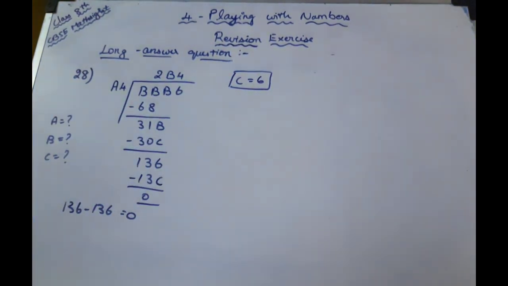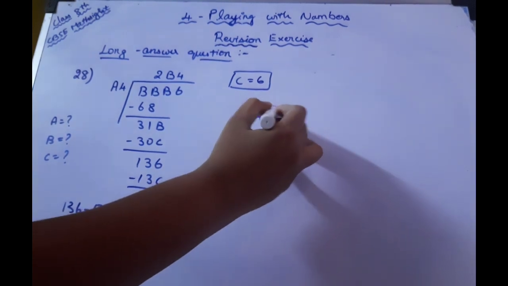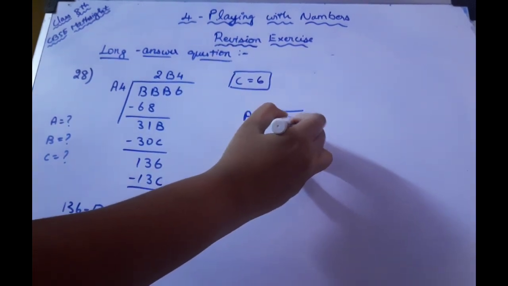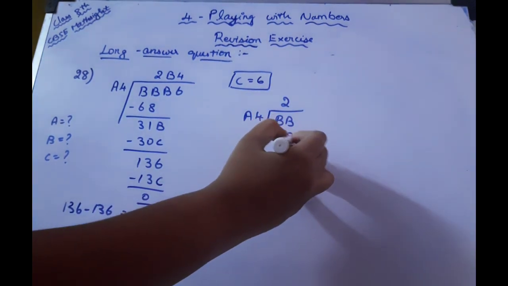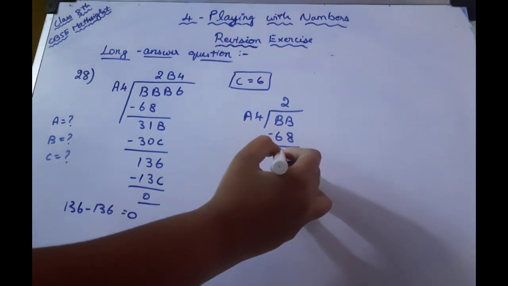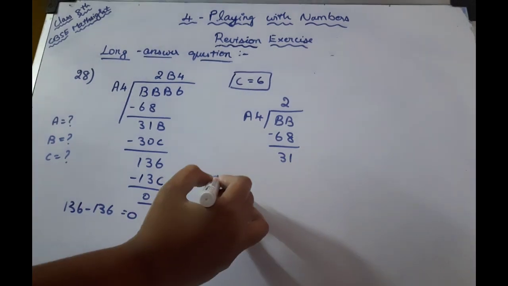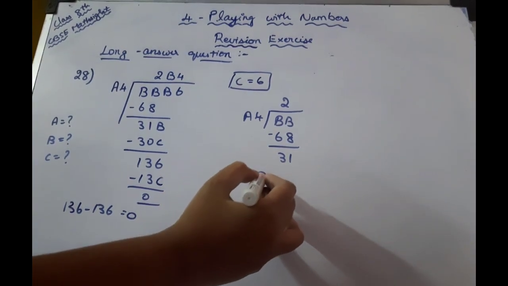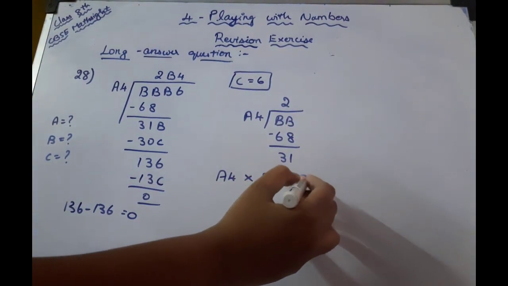So when we take the first step, we can see A4 is dividing B, and A4 into 2 gives 68. And here 68 leaves the remainder as 31. So we will take only the first step. A4 is multiplied by 2, so A4 into 2 gives 68.